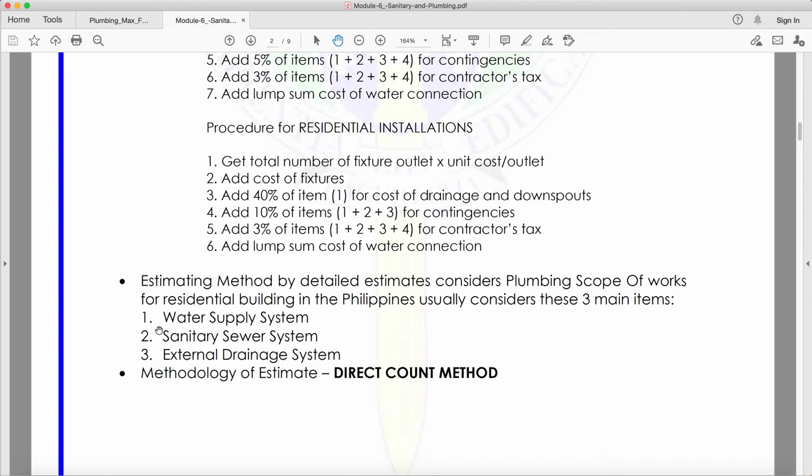The water supply system can easily be done by a civil engineer. The sanitary sewer system can also be done by a civil engineer, but it cannot be signed by a civil engineer. Only a sanitary engineer can do the signing. And we have the external drainage system, likewise with the drainage system.